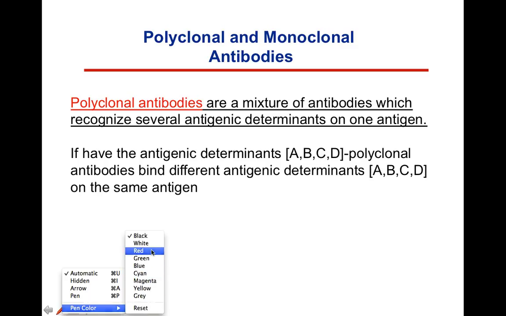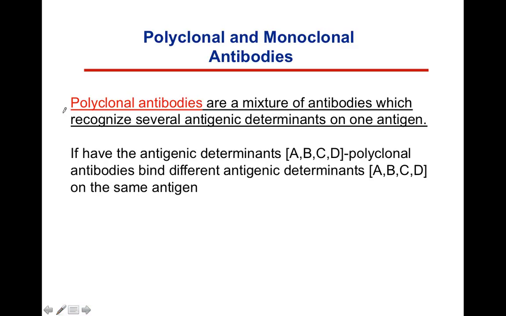Now, antibodies can be polyclonal and monoclonal antibodies, and this has to do with the way we prepare antibodies and the kind of antibodies that you isolate, basically, when you isolate antibodies from an animal, human being, or whatever it is, usually a horse or a sheep, or a mouse.